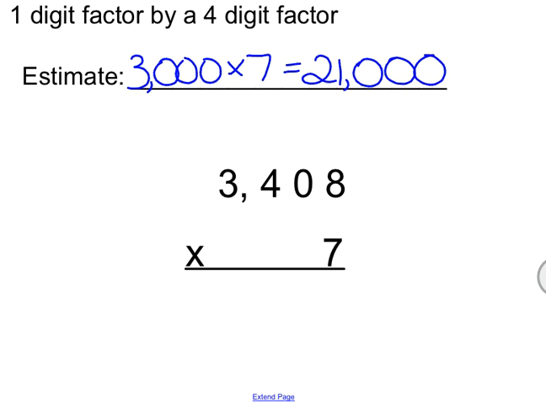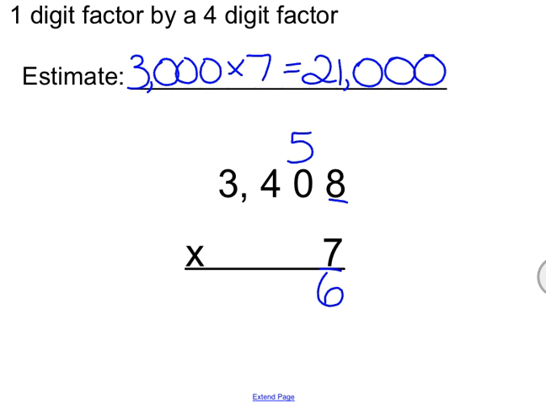So again, here we go down to the ones place, and I see 7 times 8. 7 times 8 is 56. So 56 is 5 tens, 6 ones.